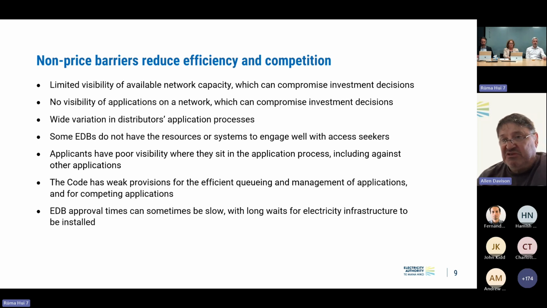The application process itself, in Part 6, is not really comprehensive enough to respond to what actually occurs in that application process on the ground, and so this is why we've proposed a number of changes to that. Some of the provisions are very weak, prioritization, for example. And some of the approval times can be slow, and there can be all sorts of reasons for that, and that may not be anything to do with the EDB. And of course, getting infrastructure installed can sometimes take time as well. Next slide, please.